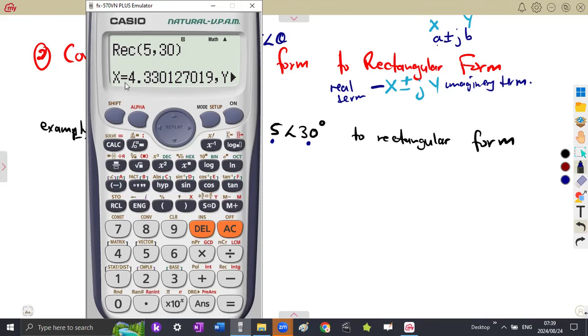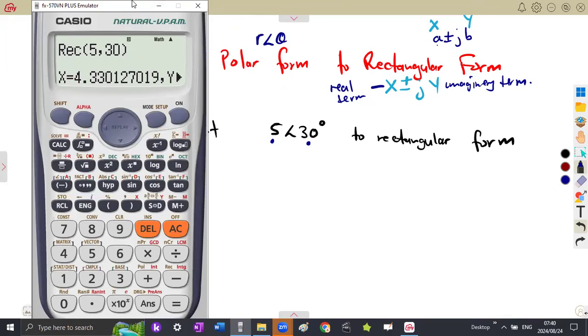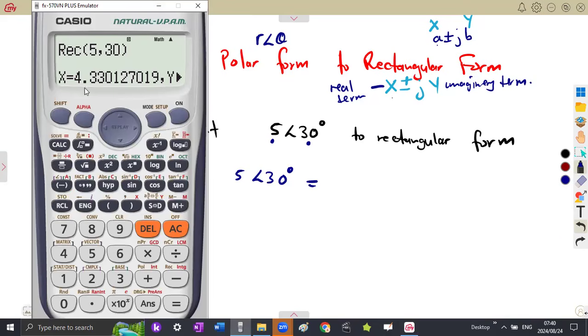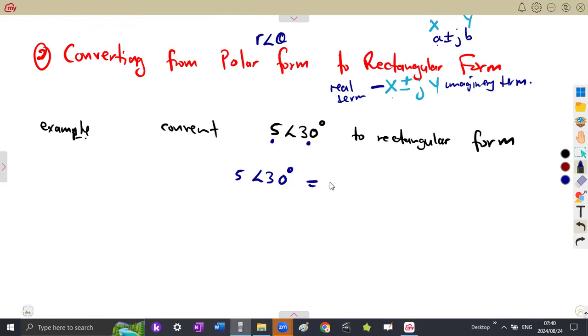So we are given the X, as you can see. We are also given the value of Y. So X to 3 decimal places. It was 5 angle of 30 degrees, so it's going to be equal to X, the real term, 4.330 to 3 decimal places. Then it's going to be plus or minus.